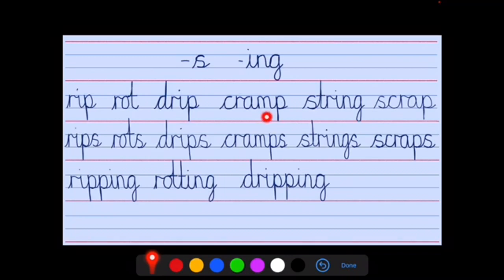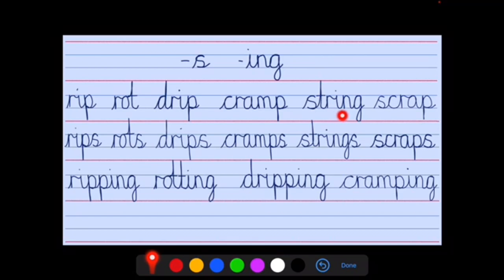How about if our word is cramp? Cramping. My muscles are cramping. It already had two consonants after that vowel. Cramping. So we didn't need to double. String.